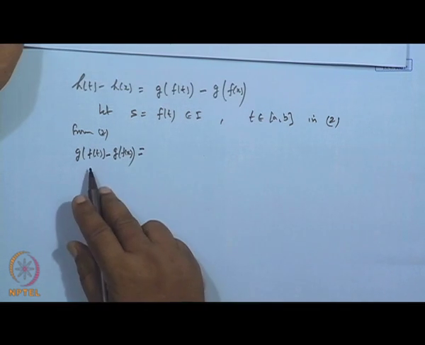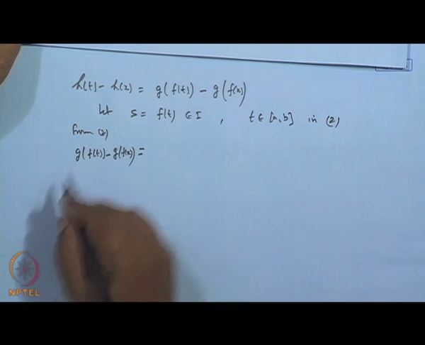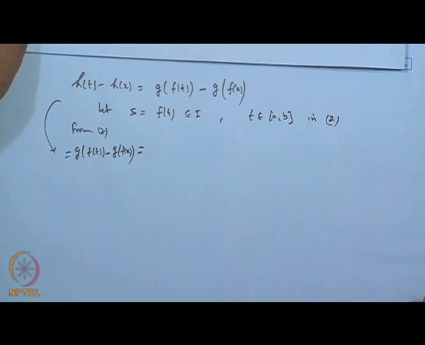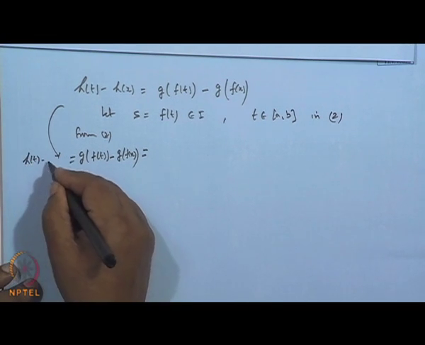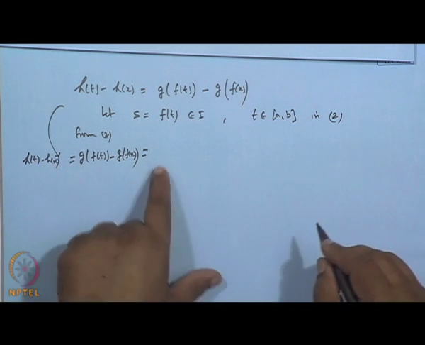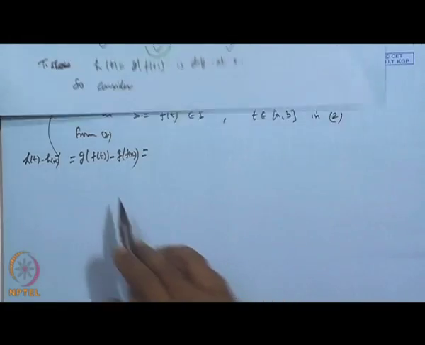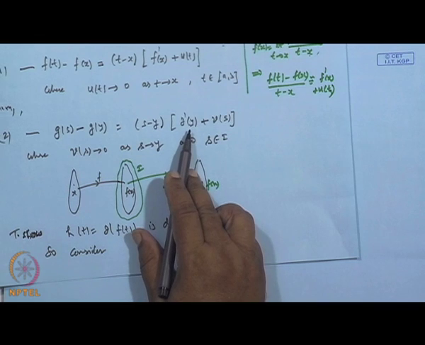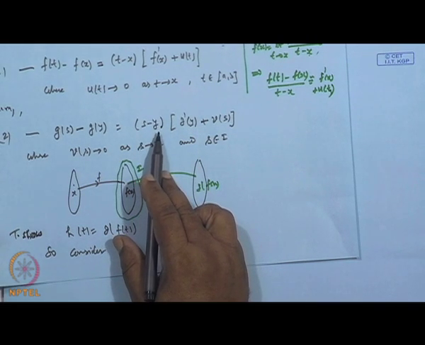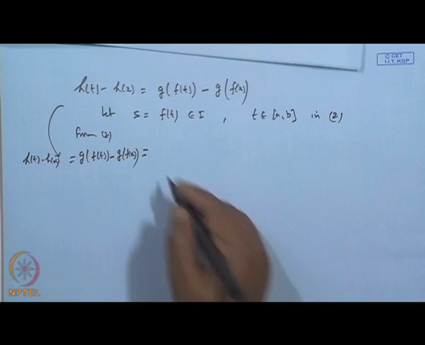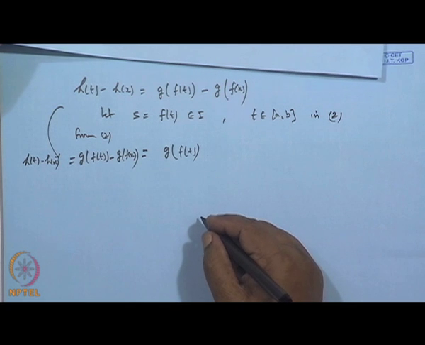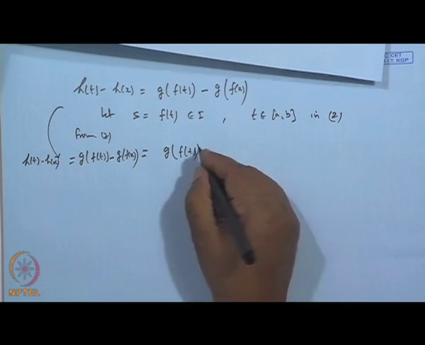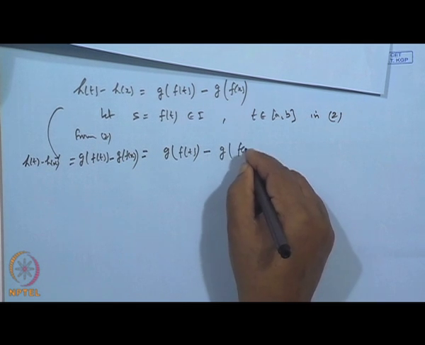This is nothing but h t minus h x. So if I replace s by f t, then the left hand side gives this, and the right hand side gives s minus y, where s is g of f t. So this is equal to g of f t minus g of f x, the same thing which I have written.